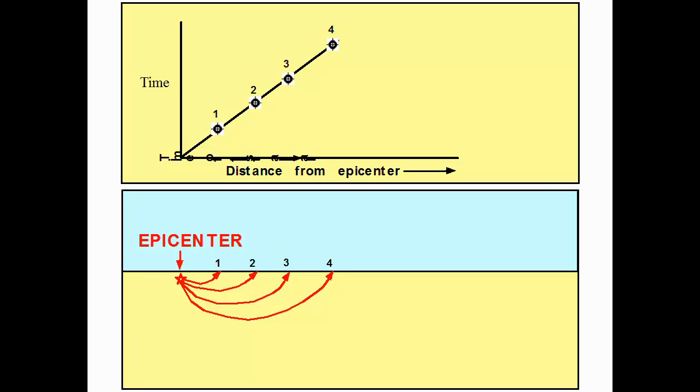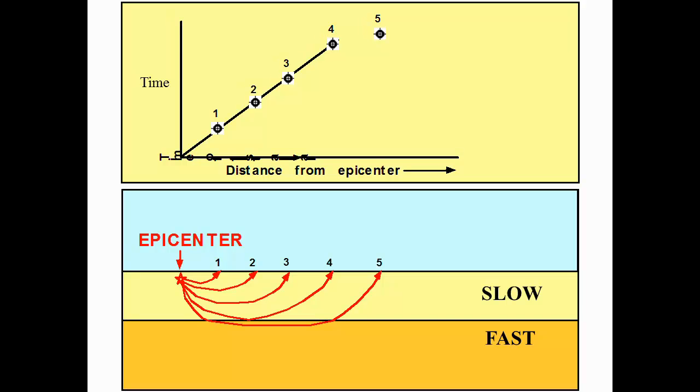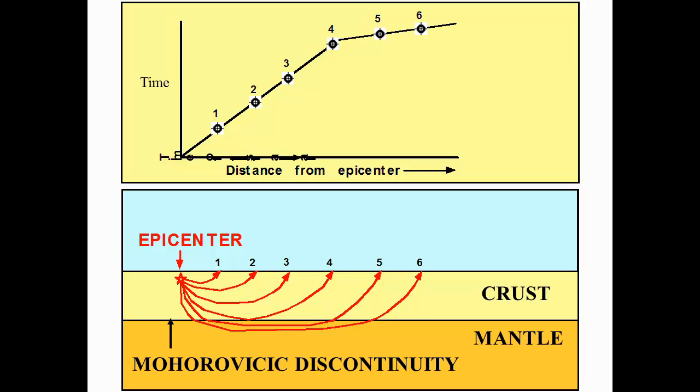Now, as we go further from the source, at seismograph station 5, the refracted wave is arriving first. And the same thing for station 6. The refracted wave arrives before the direct wave. And as a result, notice that we can calculate the velocities of these two curves. These are simply time distance curves, so we can calculate the velocities from the slopes of these curves.